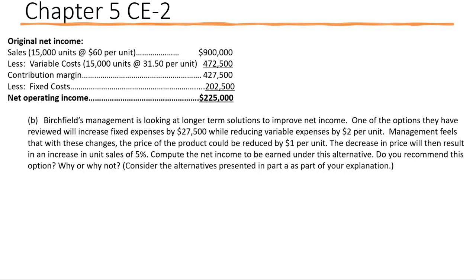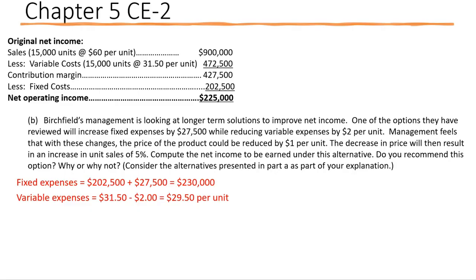So let's look at what changed. Our fixed expenses increased $27,500. 27,500 plus 202,500, 230,000 is our new fixed expense. Our variable expenses goes from $31.50 per unit. We're reducing that by $2 per unit, so $29.50 per unit is our new variable cost.